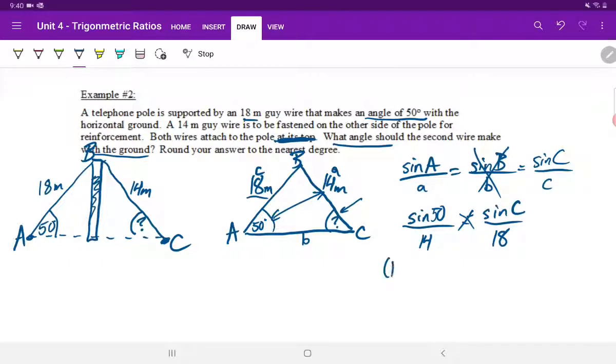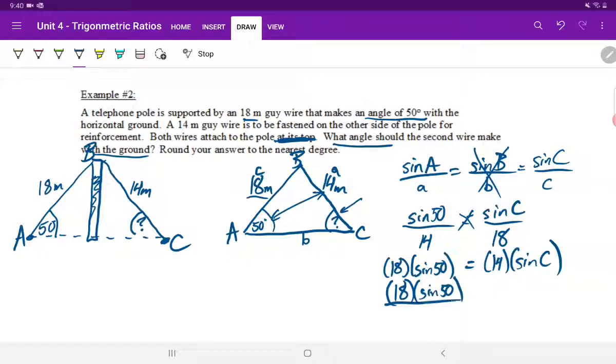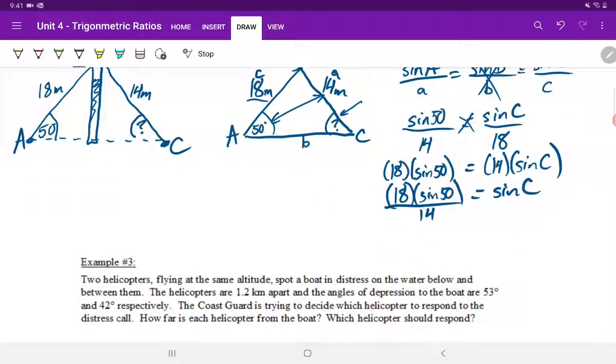So we're going to get 18 times the sine of 50 is equal to 14 times the sine of angle C. Divide both sides by 14. You end up getting 18 times the sine of 50, divided by 14, is equal to the sine of angle C. To 4 decimal places on the left, you end up getting 0.9849.